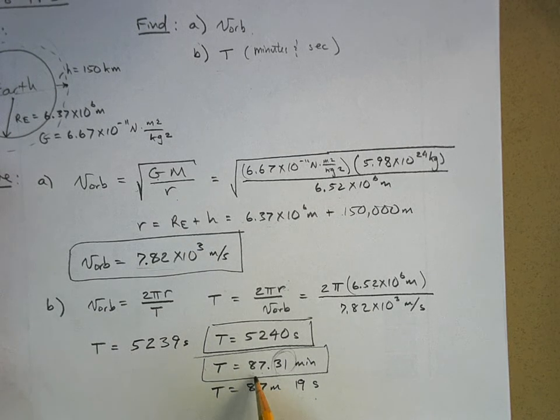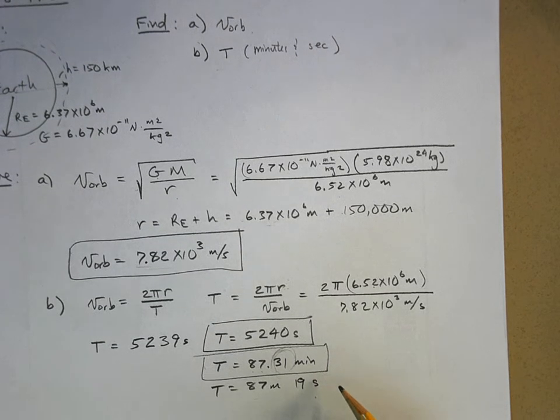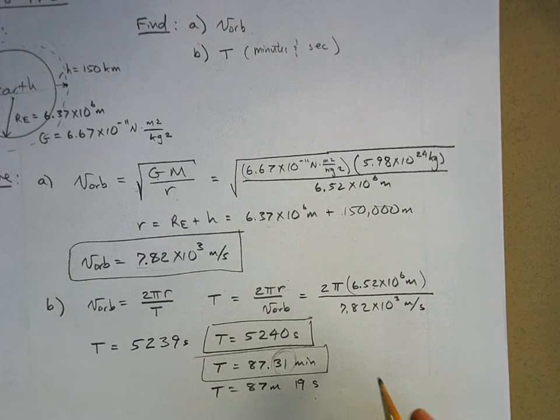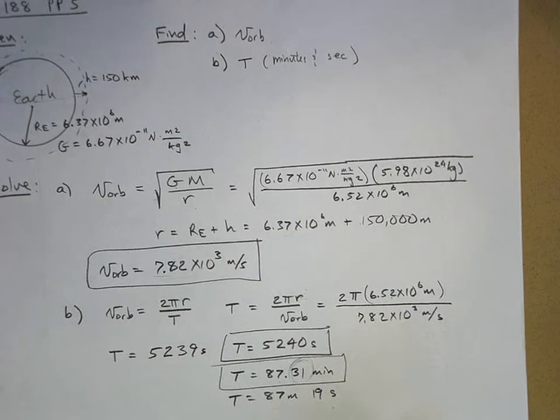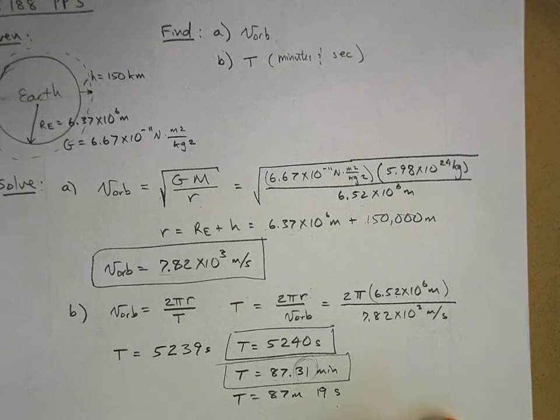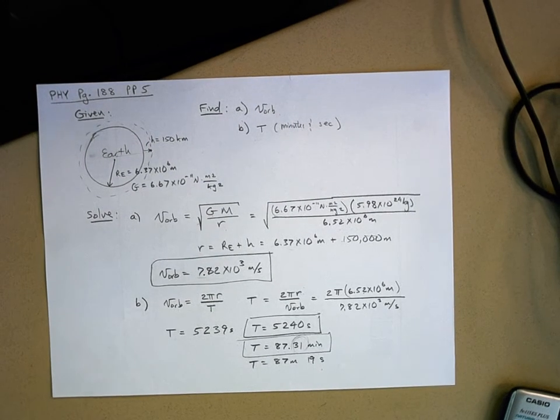If you wrote 87 minutes and 31 seconds, I'm going to take off 0.31 points, because that's just not right. I can only give you credit for things that are right. So let's zoom out and take a look at the whole thing. Now, are there any questions on this problem?